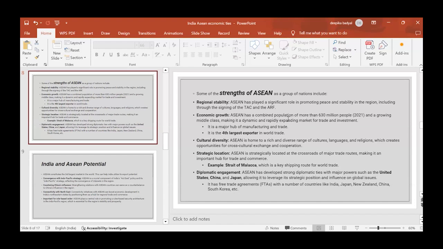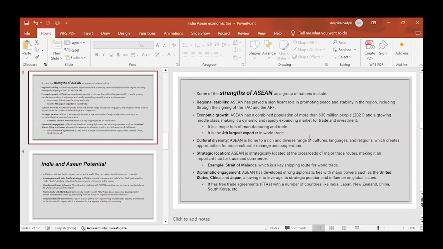As we have seen, their population accounts for 630 million people, and with a growing middle class, it is a dynamic and rapidly expanding market for trade and investment. So it is a major hub of manufacturing and trade. It is also the fourth largest exporter in world trade.